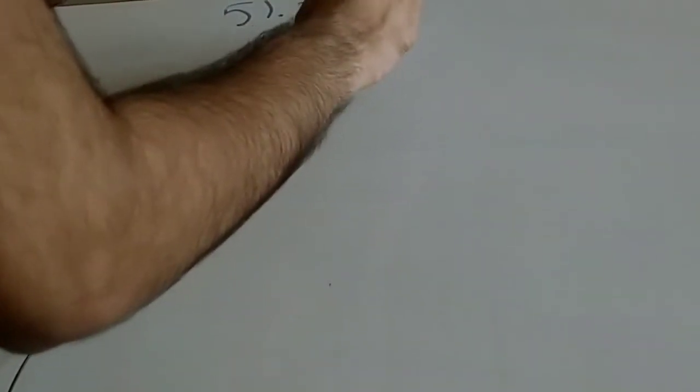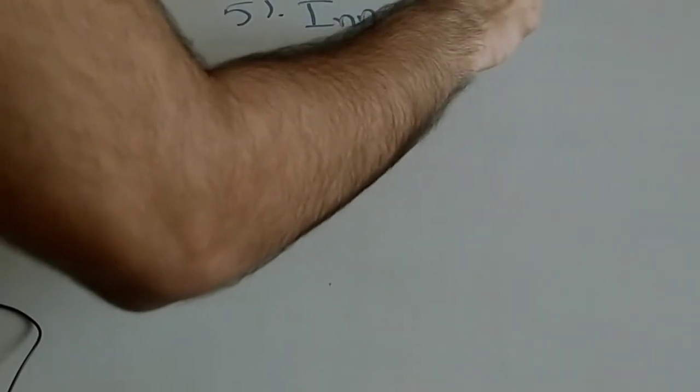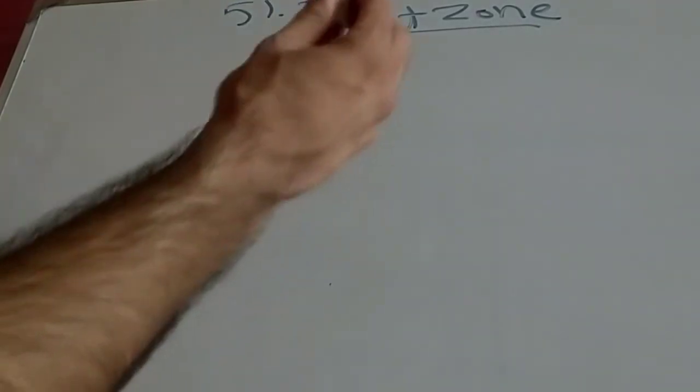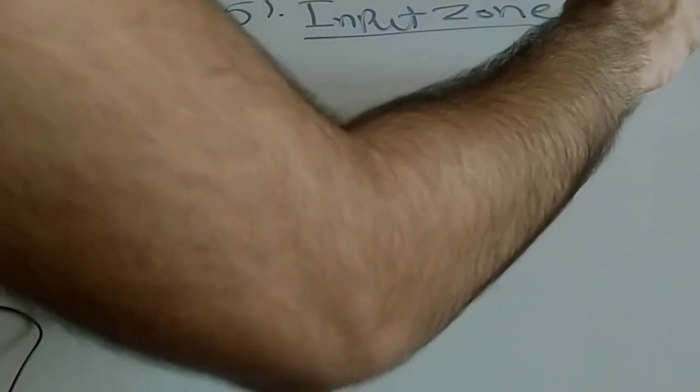So now after the synaptic zone, I would discuss the input zone. The input zone is defined as the area which receives the impulse. That area is known as the dendrites. That is the input zone. I would draw this neuron here: these are the dendrites, then comes the cell body.